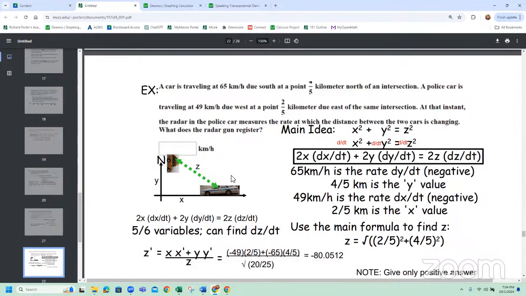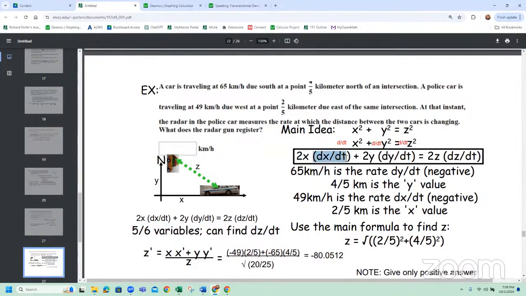And the relationship between the cars is the Pythagorean theorem, x squared plus y squared equals z squared. That's the main idea. You take the derivative with respect to t of everything, and you end up getting 2x dx/dt plus 2y dy/dt equals 2z dz/dt.